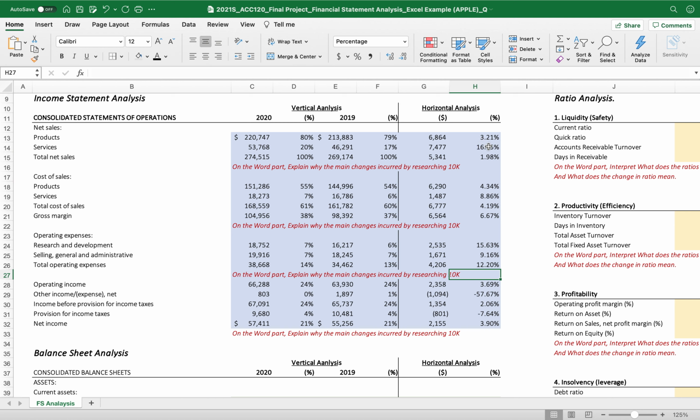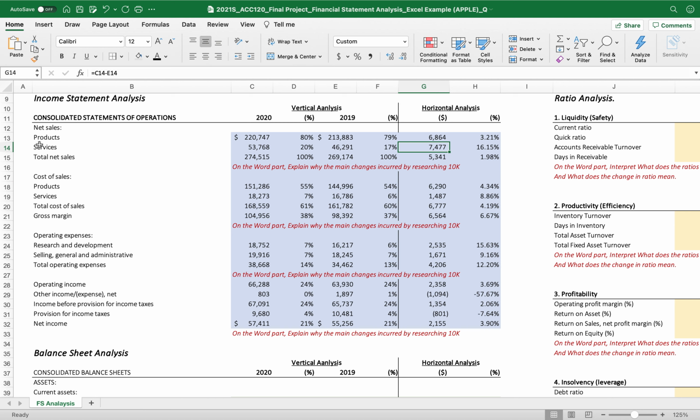So we found the service part has increased from 46 billion to 53. So okay, I misinterpreted this part when analyzing the horizontal analysis. Oh, the company has increased the sales by a huge amount, even over the product sales, right? So it has 16% increase for the services.